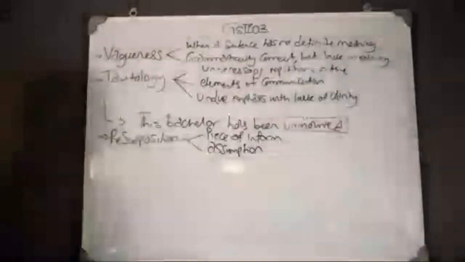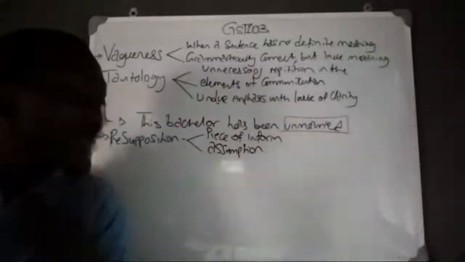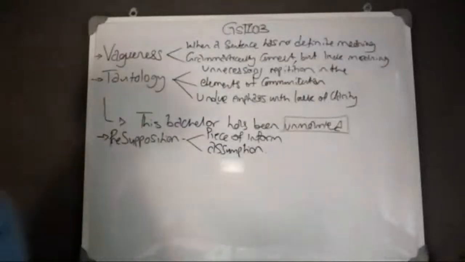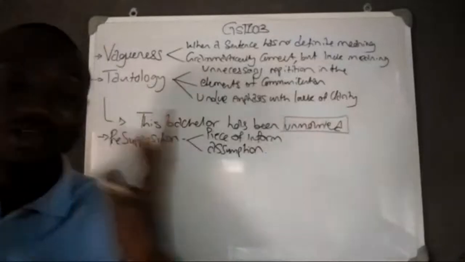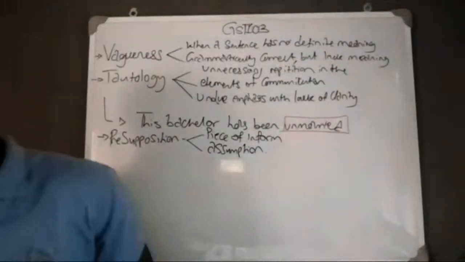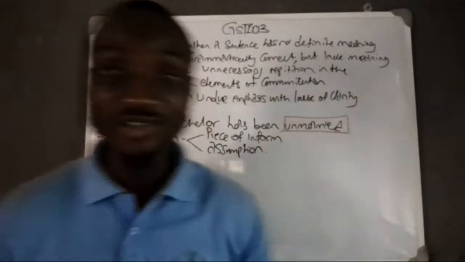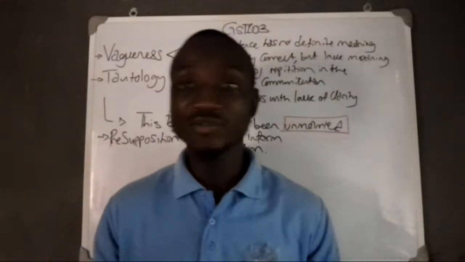The thing about presupposition is that the speaker assumes that you have an idea of what he's talking about. Just like someone talking about National Open University to a student in our 300 level.